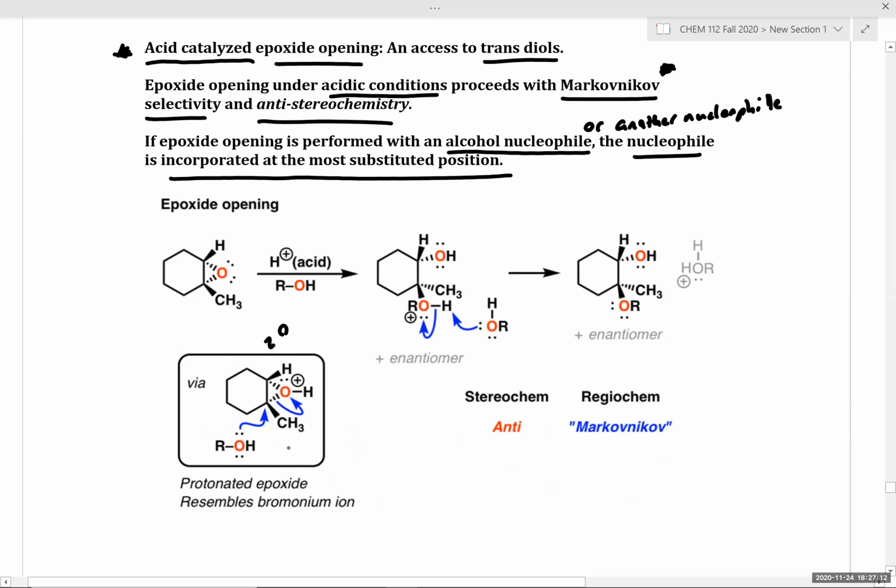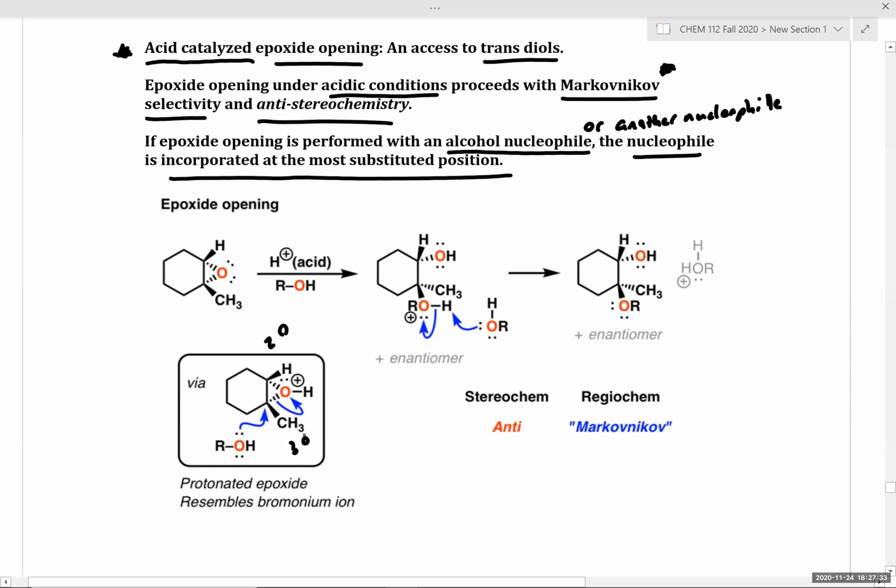So if we're comparing a secondary versus a tertiary carbon, which site is preferred for attack? Secondary or tertiary? Tertiary, by far, right? Perfect. Okay.